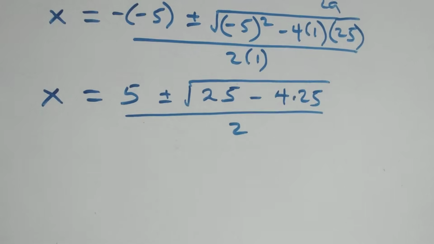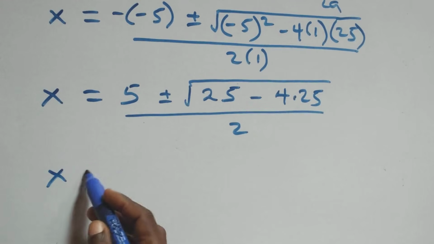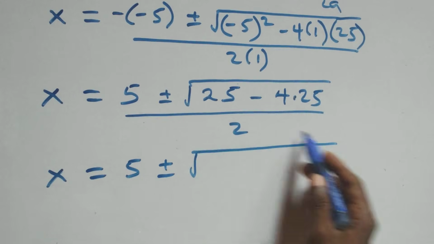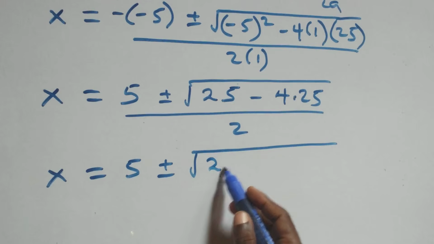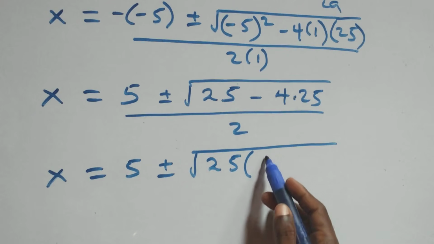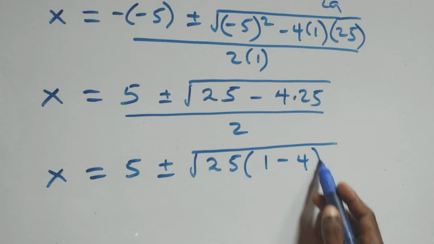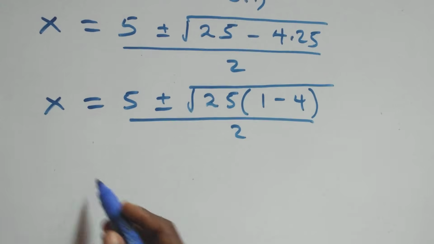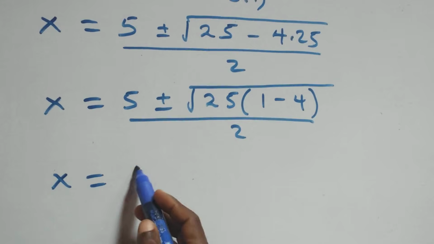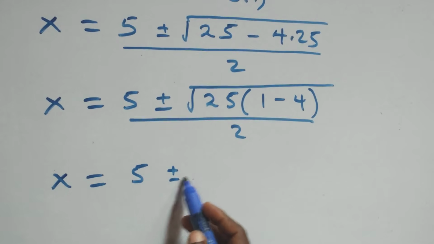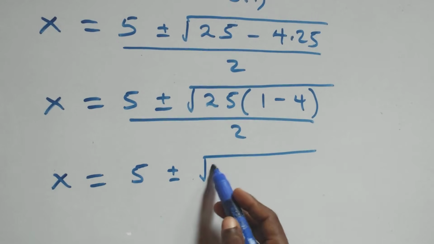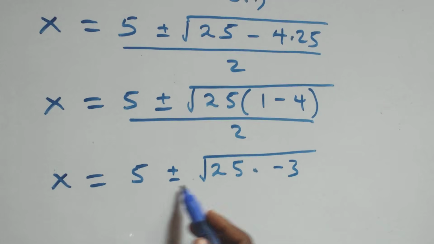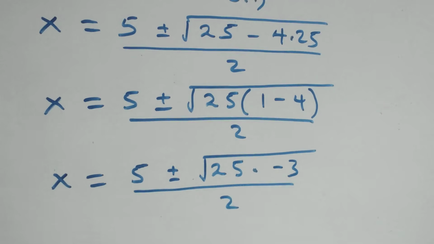Then 25 is common here: 25 times (1 minus 4), so x equals 5 plus or minus square root of 25 times minus 3, all over 2.